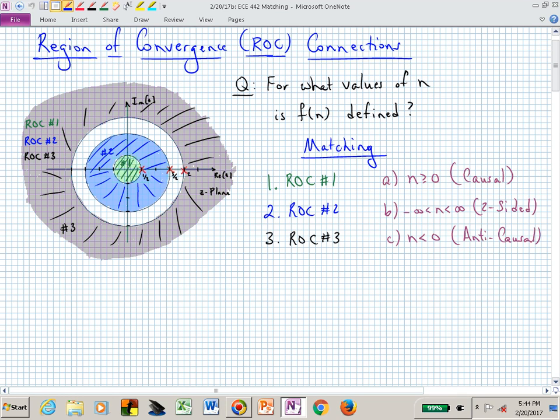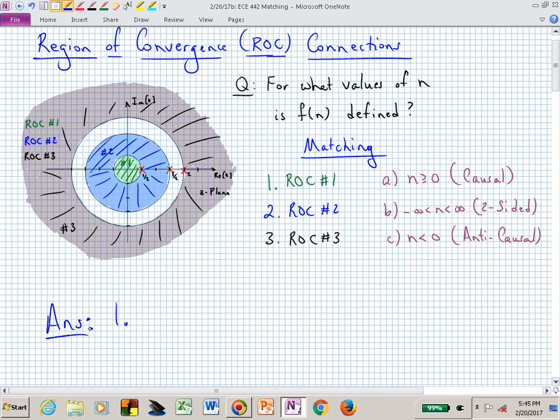If one is easier than the other, just do the easy one. And C is anti-causal, that's thumbs down. But ideally, if this was on the exam, maybe I would just have you connecting these with lines. If I wanted you to match, maybe you would just say, oh, there's one, there's another. But I don't want to give you any suggestions as far as what might be the match.